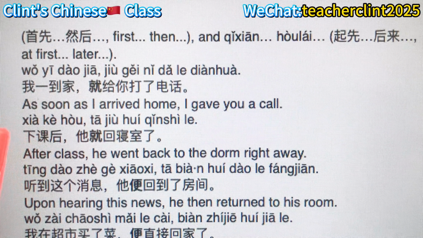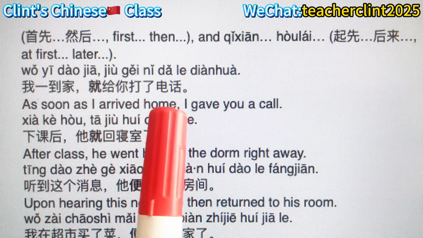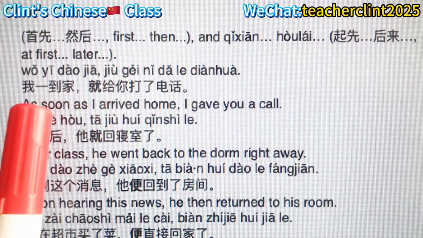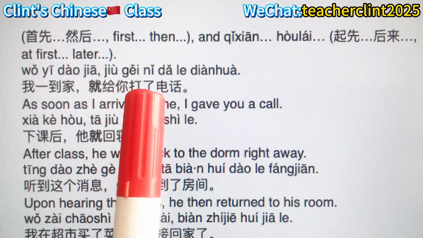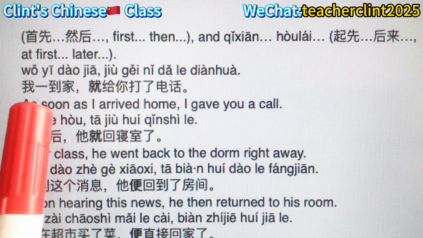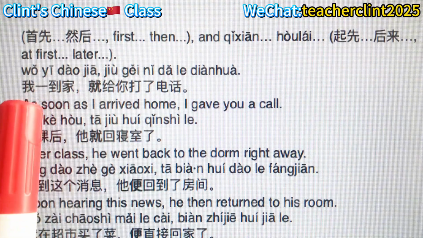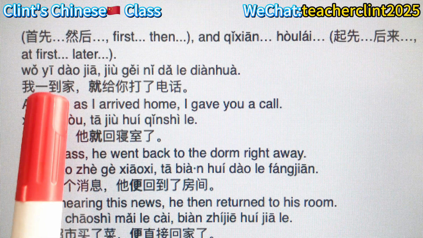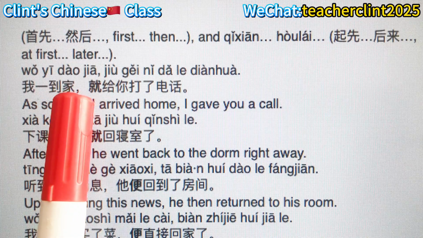So let's take a look at the example sentences. As soon as I arrived home, I gave you a call. 我一到家就给你打了电话。 So here 我 subject, 一 when we use 一 here, it means the moment I something, right? 到家 arrive home.